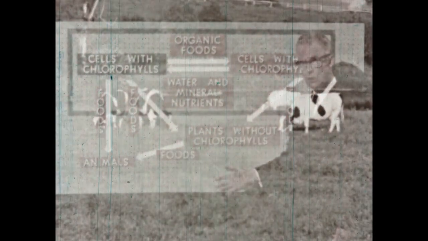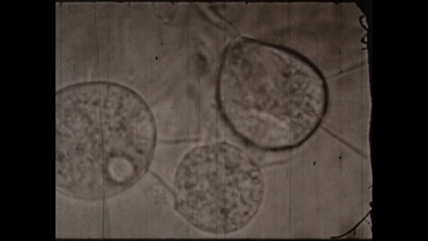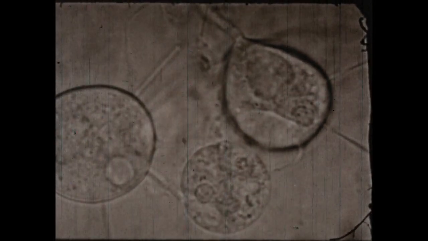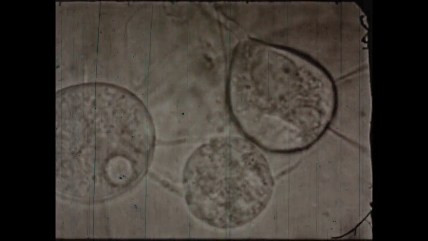And of course, all animal organisms either feed on green plants directly, or they may feed on non-green organisms that have gotten their food materials from green plants, or in some cases they feed on animals that have fed on animals that have fed on plants.